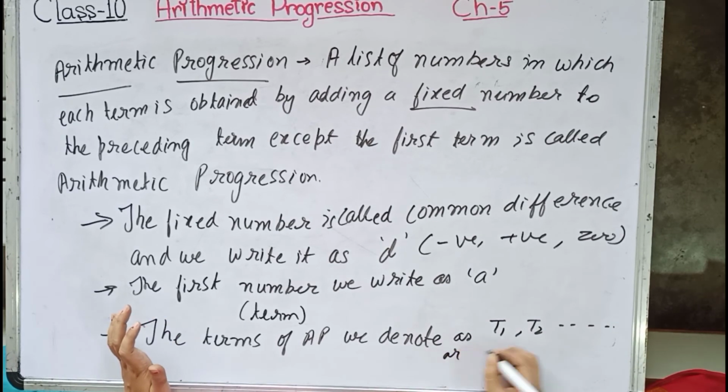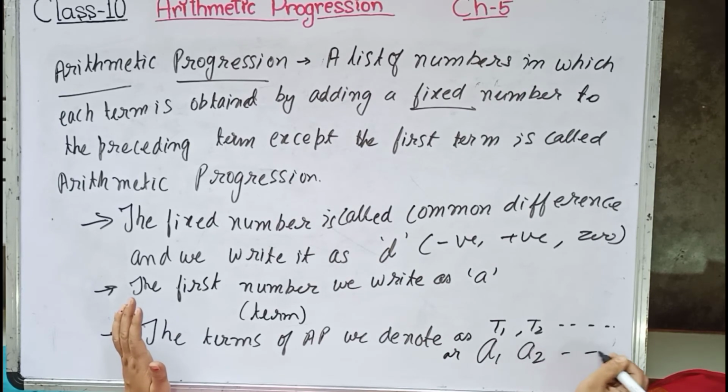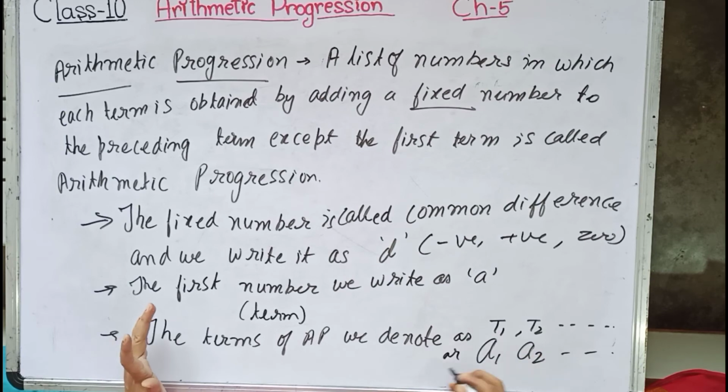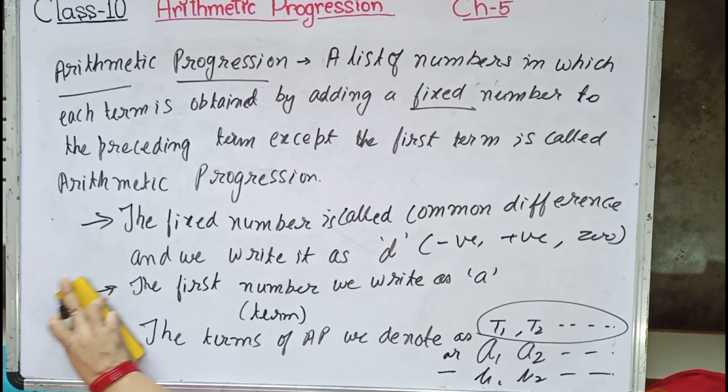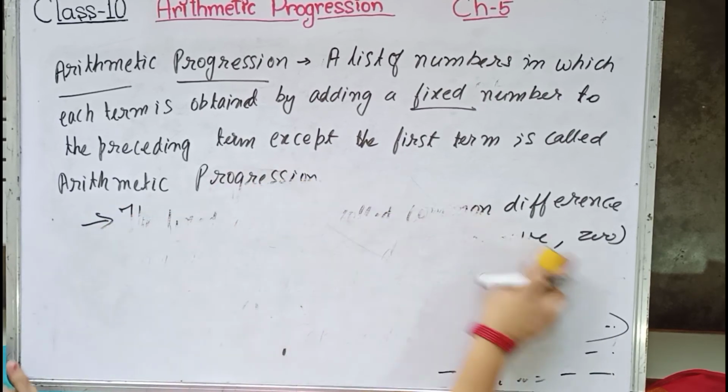Or in some books it is written in this form, A1, A2 and so on. In other books it is also written as mu1, mu2 and so on. I will be following T1, T2, T3 and so on. So let us start the formula.